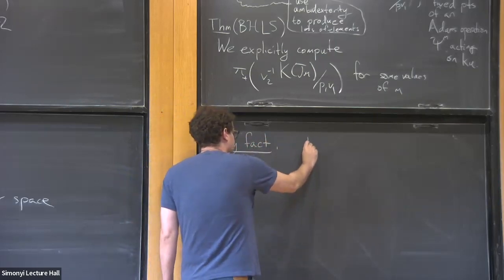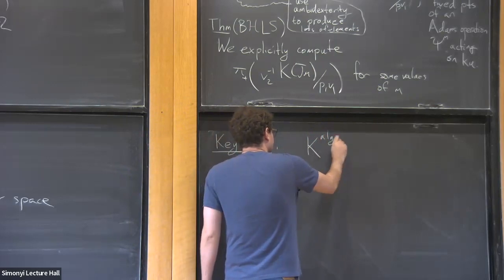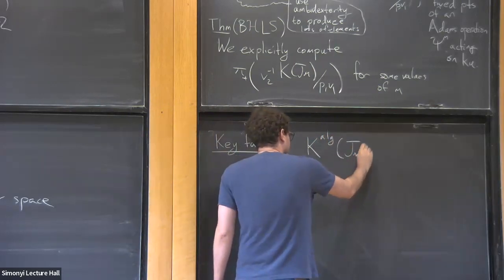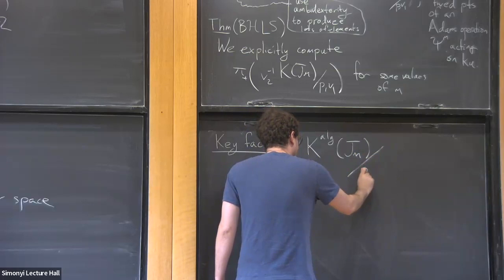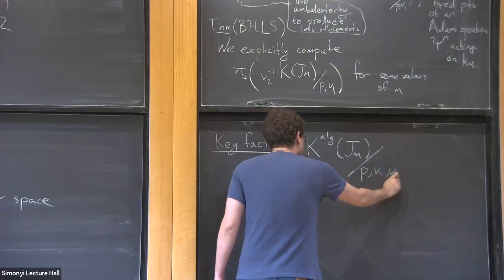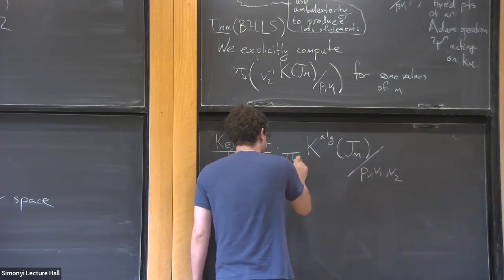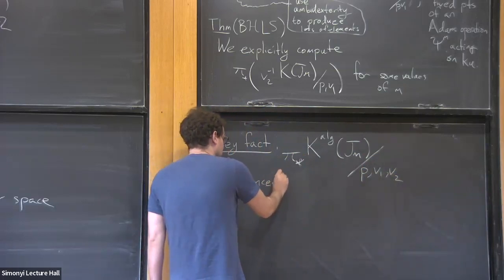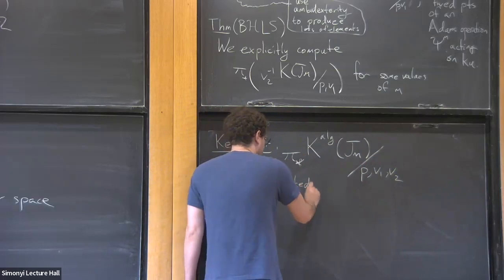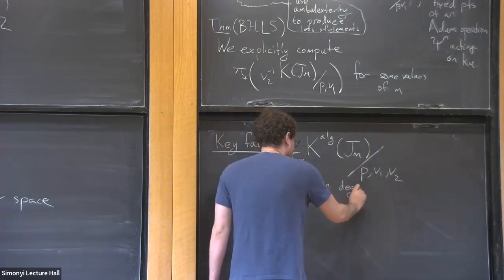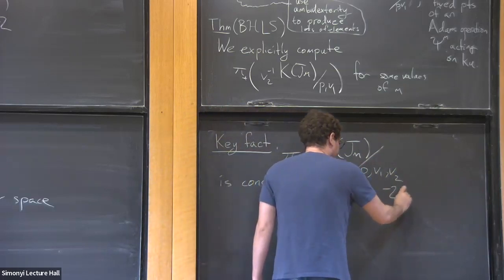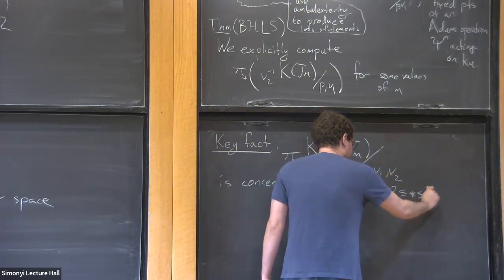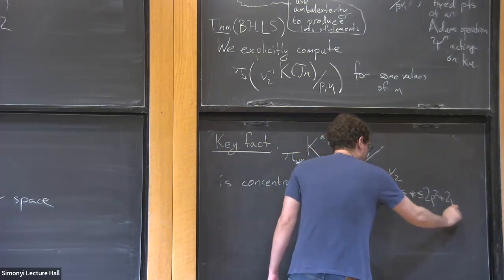I take the algebraic K theory, this JM guy, and I mod out by P, V1, and V2, kill V2. And this is concentrated in degrees -2 less than or equal to star less than or equal to 2p squared plus 2p minus 2.